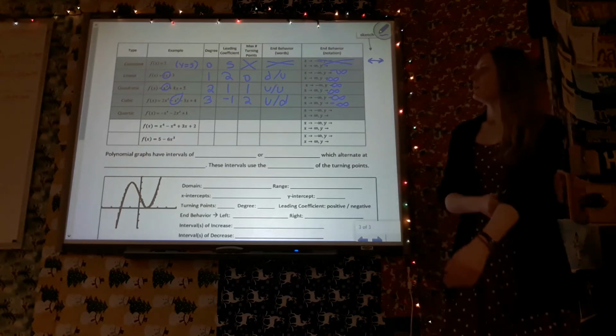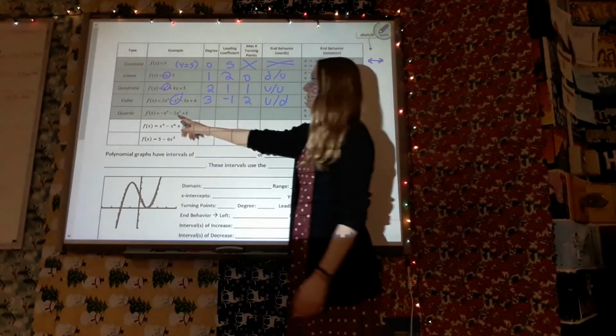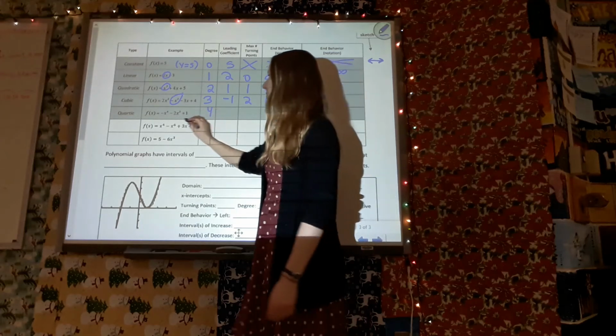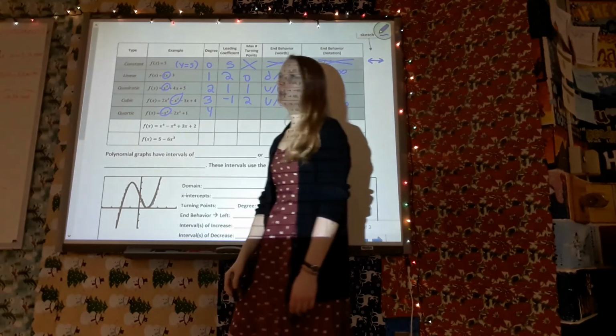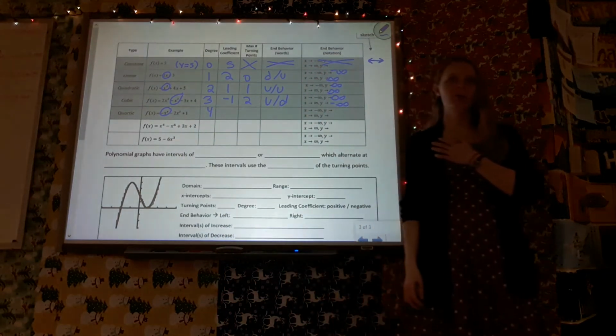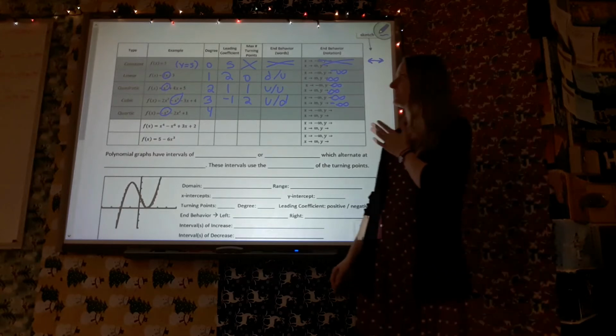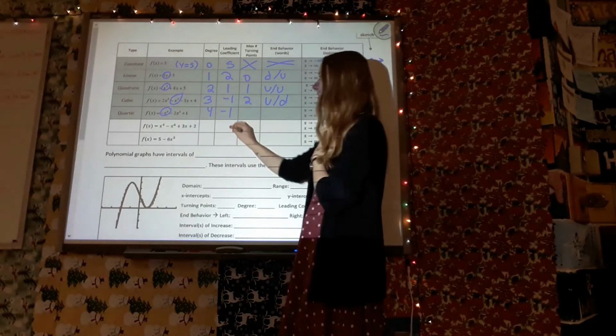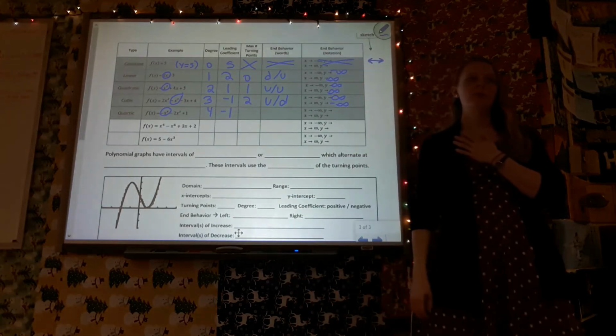Okay? Alright, so what about the quartic? What's our degree? It's the highest exponent. 4, so I'm going to go ahead and circle that entire term, just to remind you what the leading term is, because all the information comes from that. So if our degree is 4, what's our leading coefficient? -1. Maximum number of turning points?